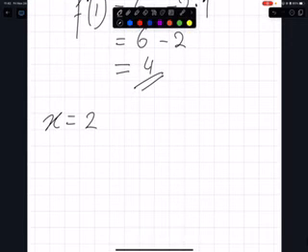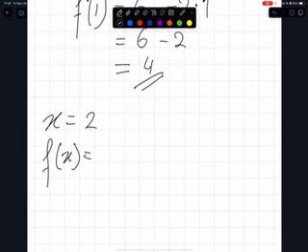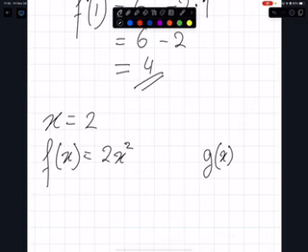Here is 1. Find the derivative function at x is 2 for these two functions.